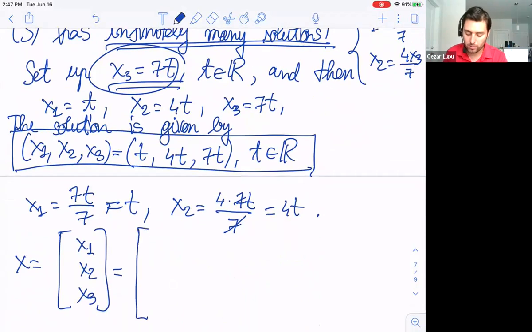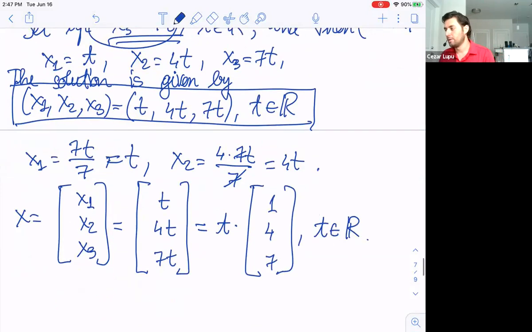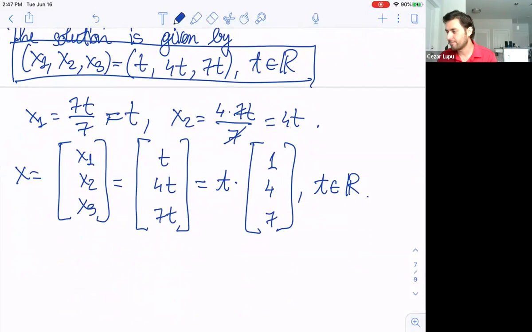So x, which is x1, x2, x3, will be equal to t, 4t, 7t. And we can factor t out because it's a scalar, so it's t times 1, 4, and 7, with t real. So in other words, this system has infinitely many solutions, and all the solutions are spanned by this vector right here.